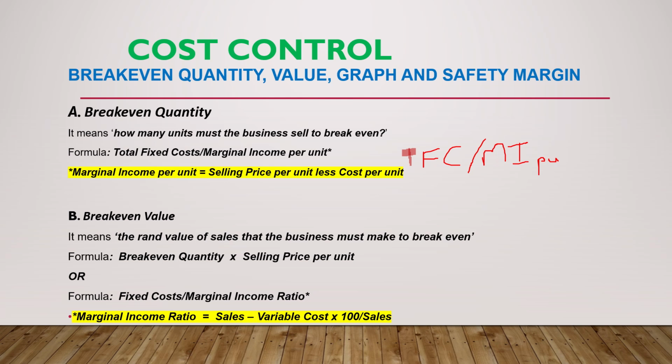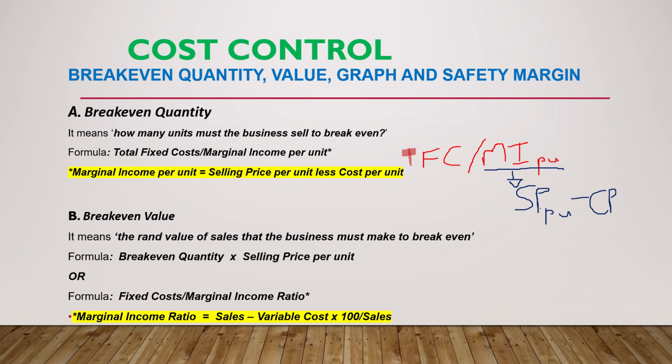Most of the time they don't give you straight your marginal income per unit. They want you to calculate it. How do you calculate it? You simply take your selling price per unit minus your cost price per unit.